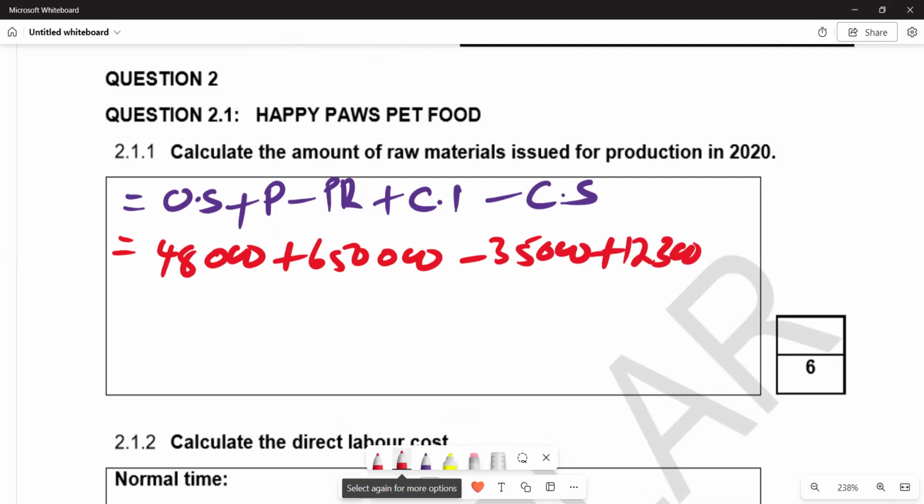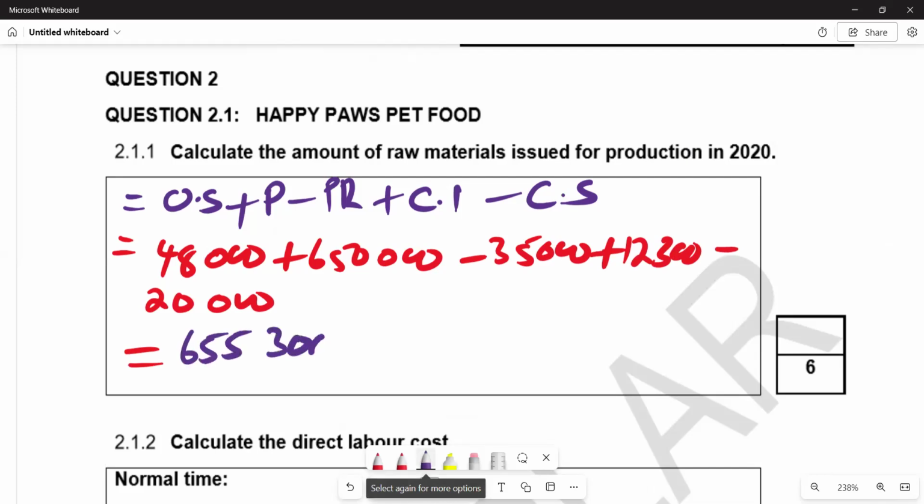And finally, we are supposed to subtract the closing stock, which we are given as 20,000. So when you do that, the final answer that we are supposed to get there should be 655,300. So this represents the amount of raw materials, in rands, issued for production in 2020. So this is the answer that we have for 2.1.1.